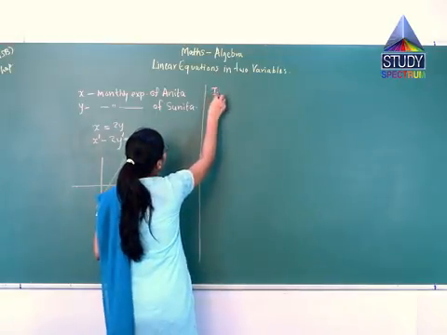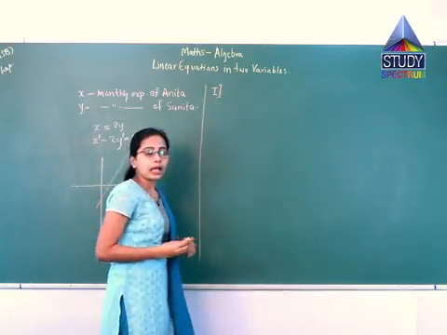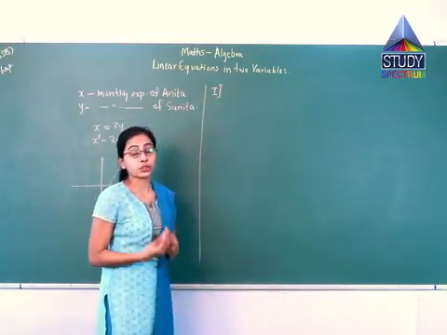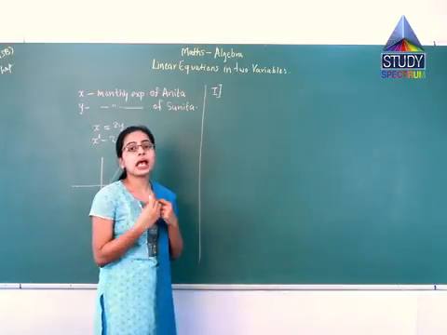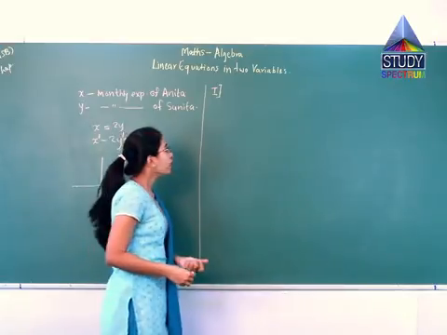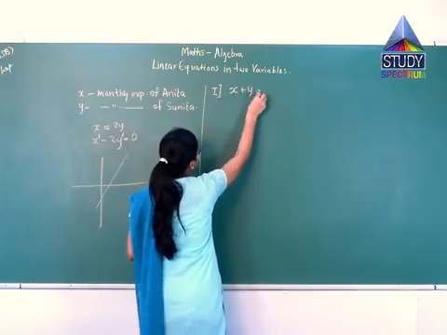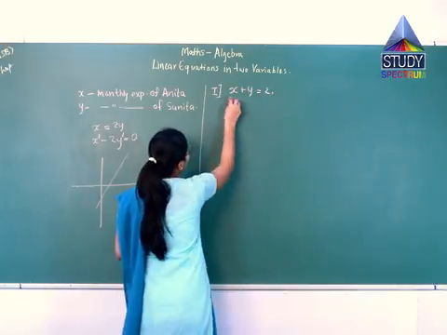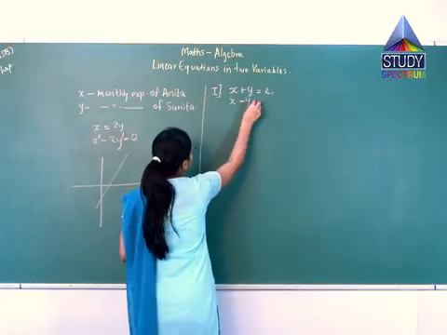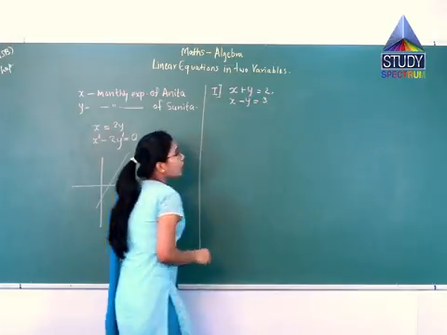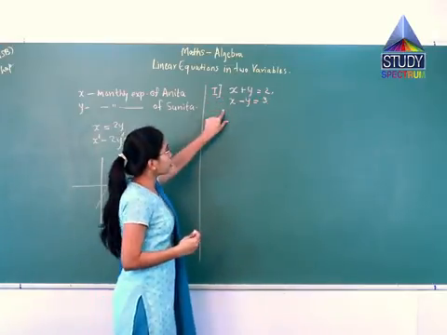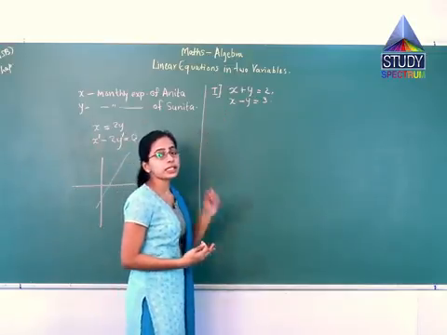Suppose in the first form we have two simultaneous equations, and for those equations we have to find the solution. Suppose I have x plus y is equal to 2 and x minus y is equal to 3. Now these two equations are simultaneous equations.